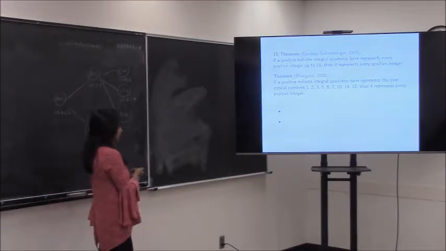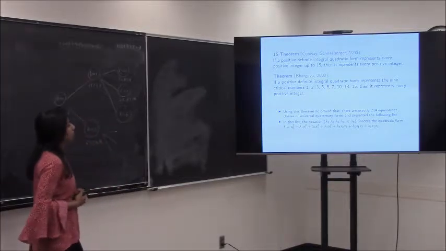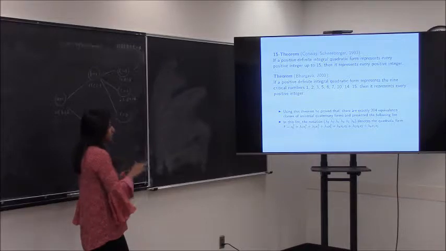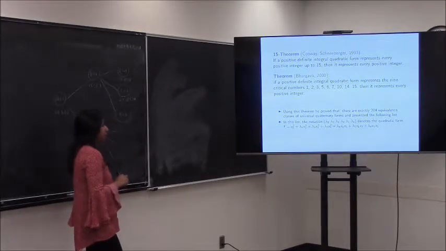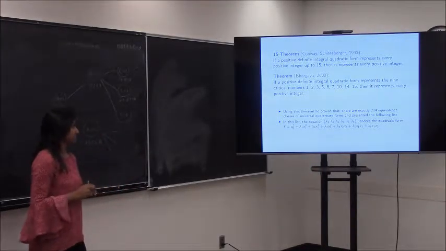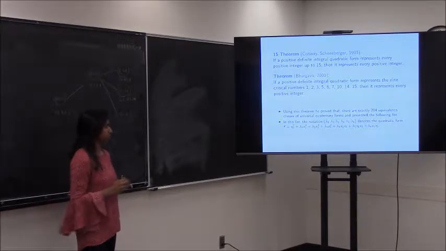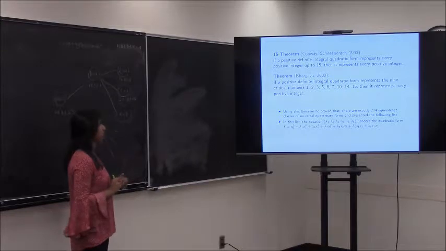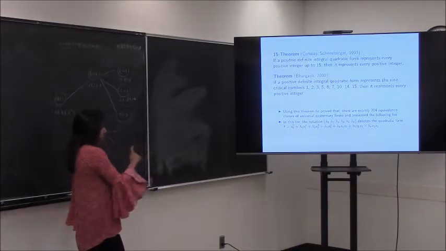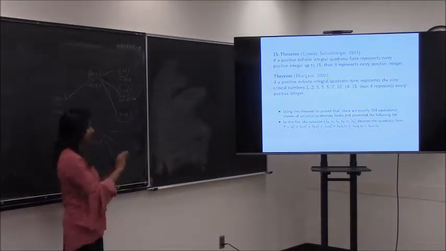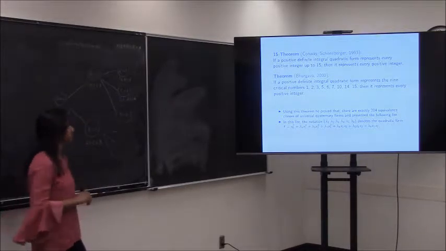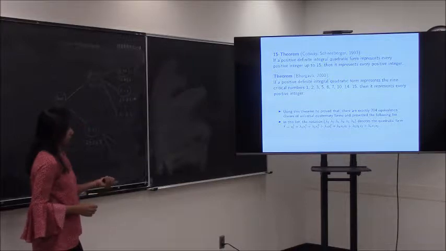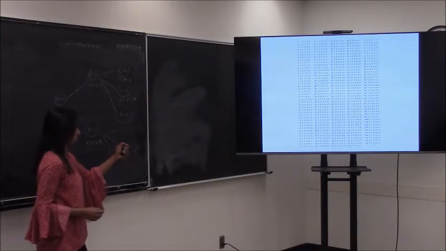Okay, so Bhargava didn't stop there. He continued his study, and using this theorem, he proved that there are exactly 204 equivalence classes of universal quaternary quadratic forms, and presented the list I will give you in the next slide. In that list, you will see there are just numbers. Those are the coefficients, and they will give you a quadratic form. So this is the list.